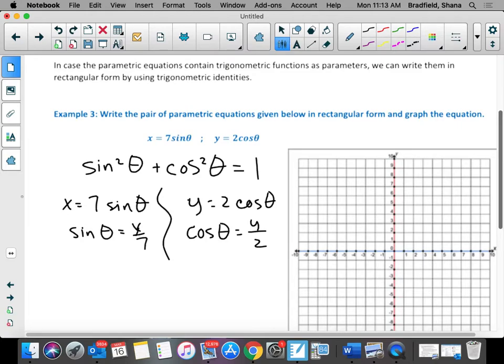Now I can plug those values into my Pythagorean identity. And so instead of sine theta, I'm going to put x over 7 squared. Instead of cosine theta, I'm going to have y over 2 squared equals 1.